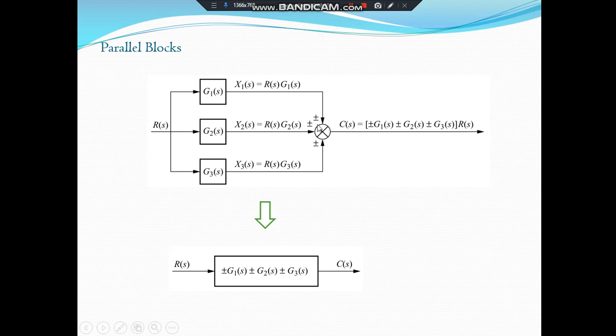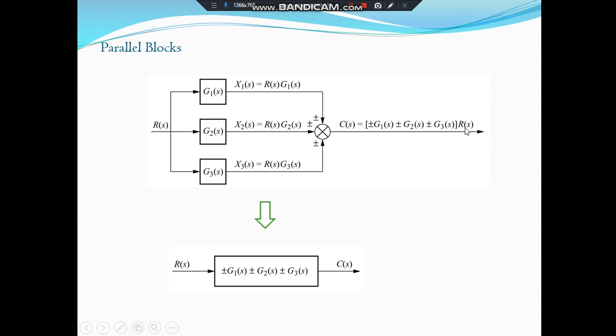And what will be C of S? As there is a summing junction, these outputs will be either added or subtracted. So we can write C of S equal to R of S times plus or minus G1 of S, plus or minus G2 of S, and plus or minus G3 of S. We have taken R of S as common, as R of S is multiplied by the transfer function of each subsystem.